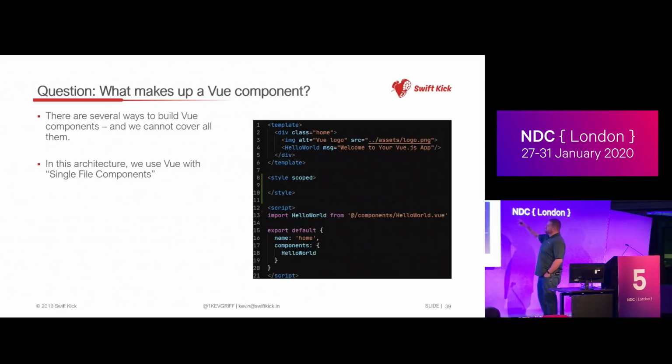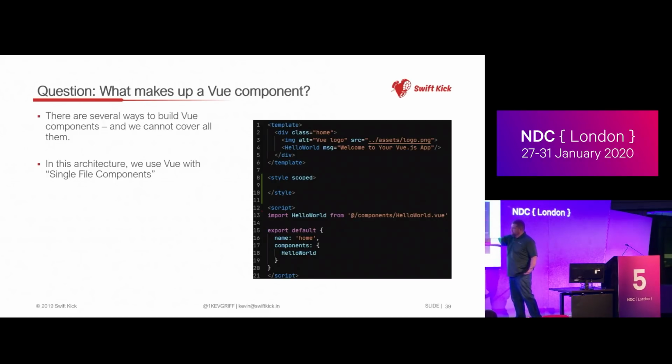All the state for this app, and I'm not even declaring any data here, is within the confines of this component. If I want this component to share any state with its child components, it has to physically pass it in. So you see here this hello world component. I'm passing in a message, hello to your Vue.js app. Well, the only way hello world is ever going to get that information is if I pass it in.